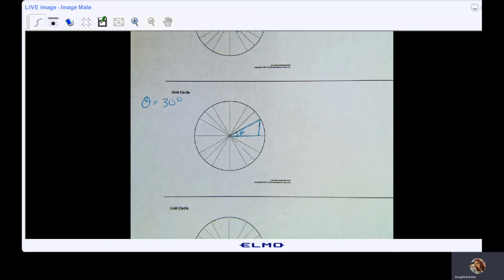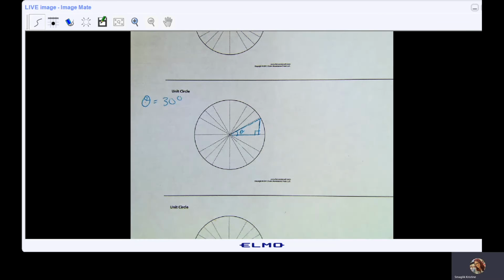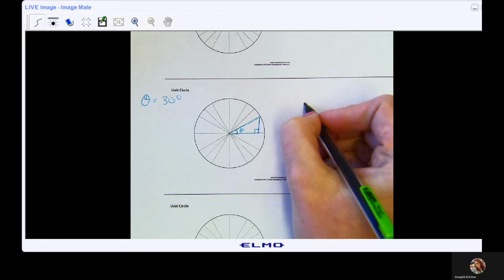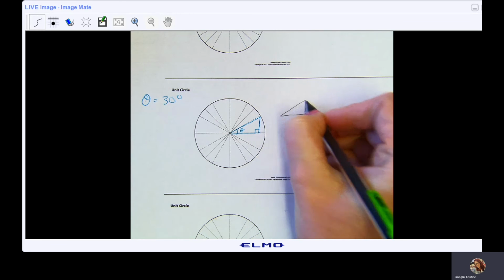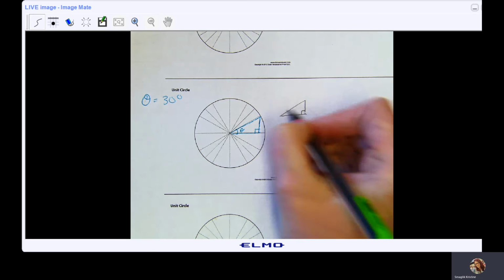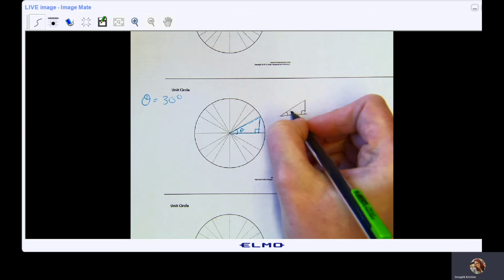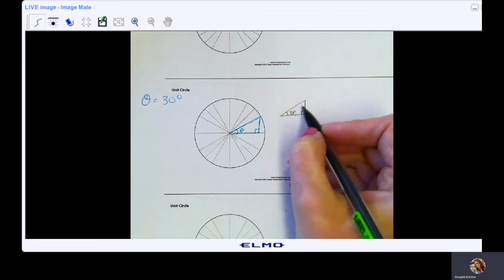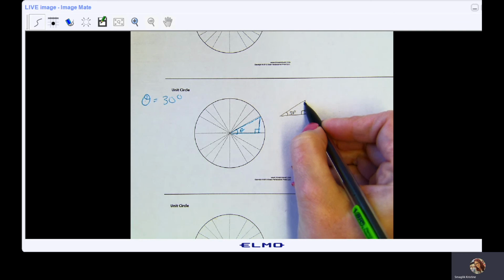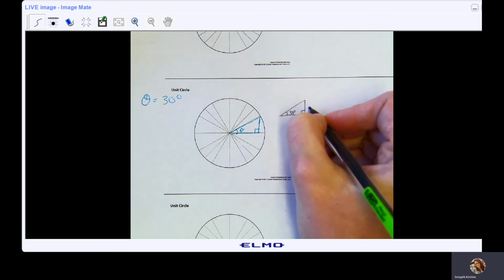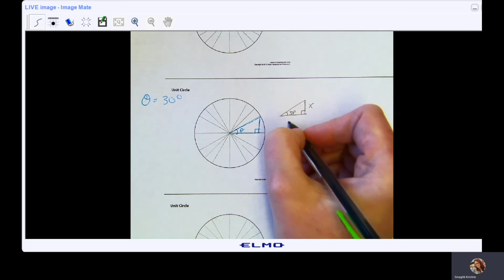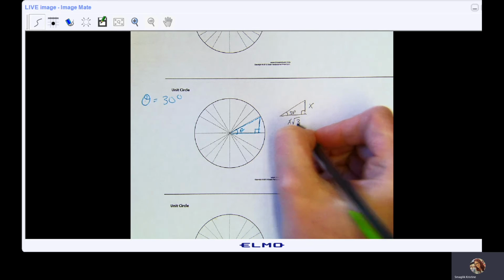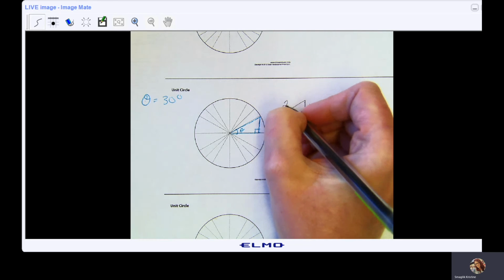And again, let's do that right triangle trig. Take this off to the side. So now I've got the 30 degrees is here, which means 60 degrees is here. So my short leg is x. My long leg is going to be x times the square root of 3. And again, my hypotenuse is 2x.